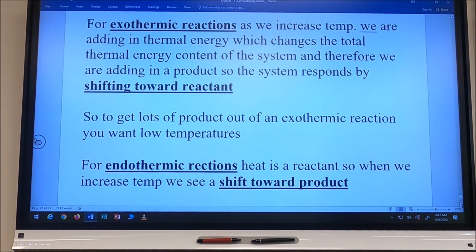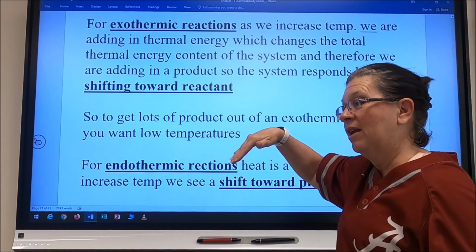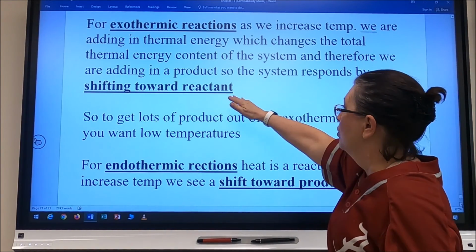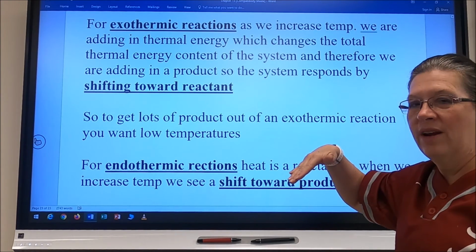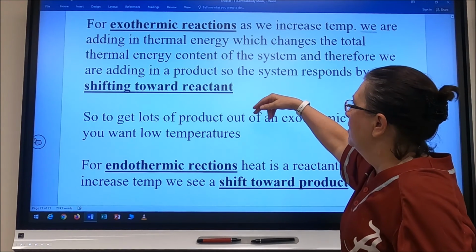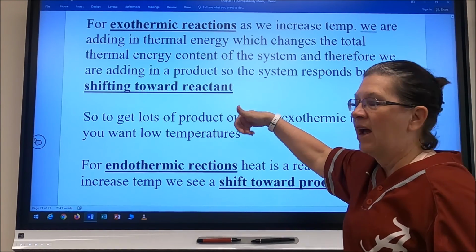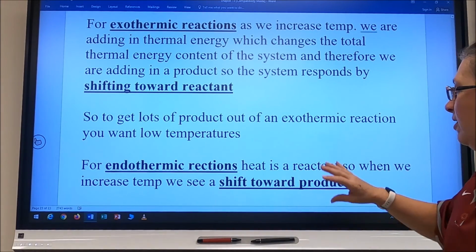Now, if it's exothermic and we increase the temperature, we cause a shift toward reactants, which means that we're going to decrease the value of the equilibrium constant. At lower temperatures for an exothermic reaction, you're going to see an increase in the value of the equilibrium constant.